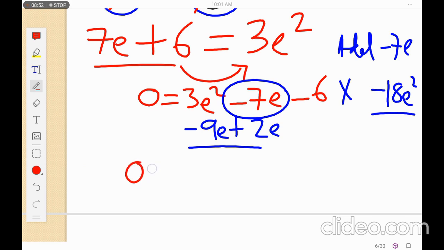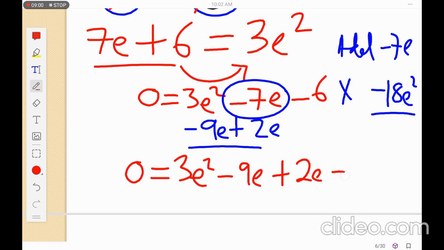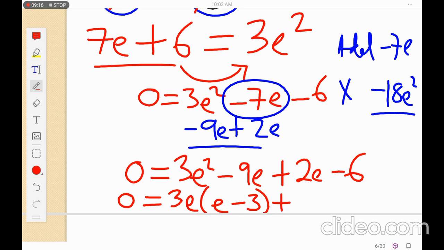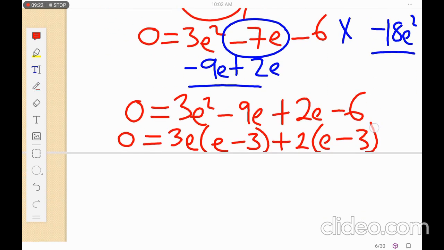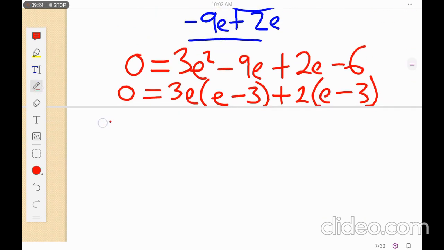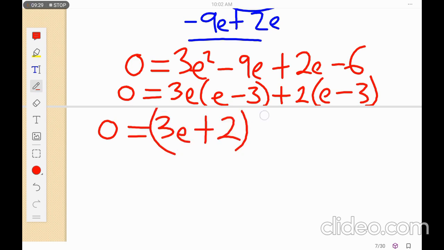So I have 0 is equal to 3e squared minus 9e plus 2e minus 6. Let's have factors. For the first group, I can take out 3e and remain with e minus 3. Then plus, I can take out 2 and remain with e minus 3. Now I've got the factors: 0 is equal to 3e plus 2 and e minus 3.